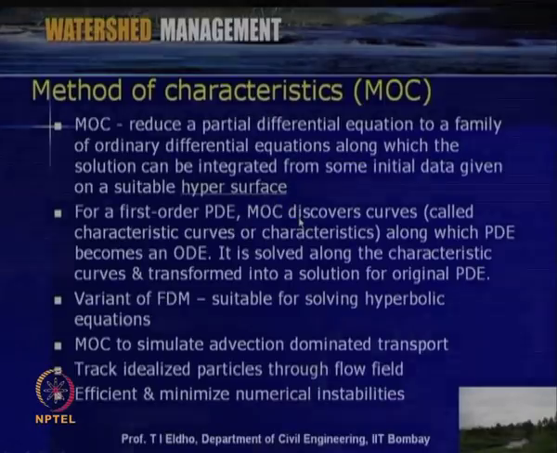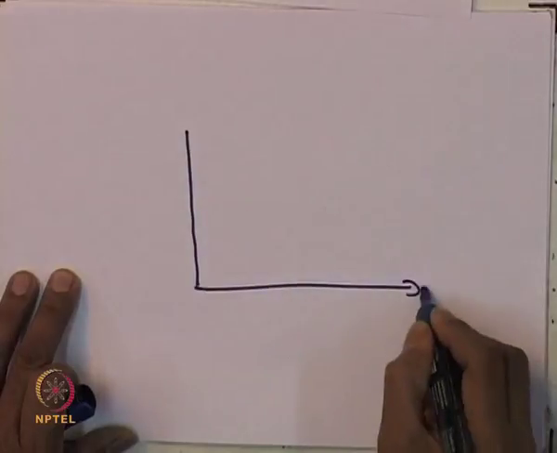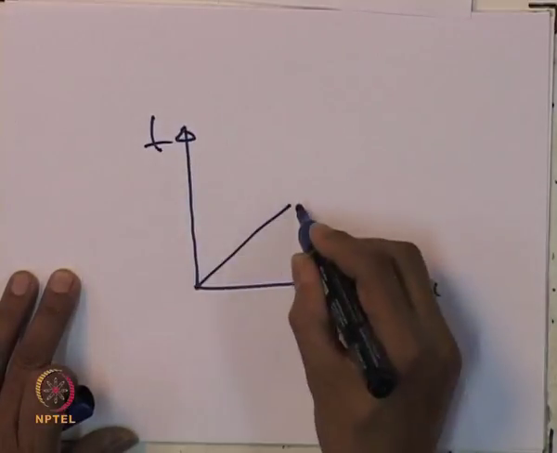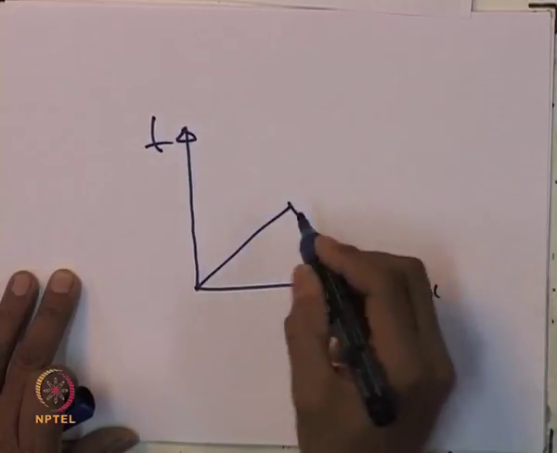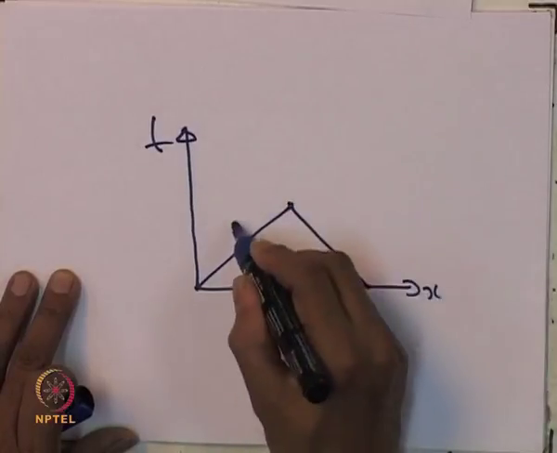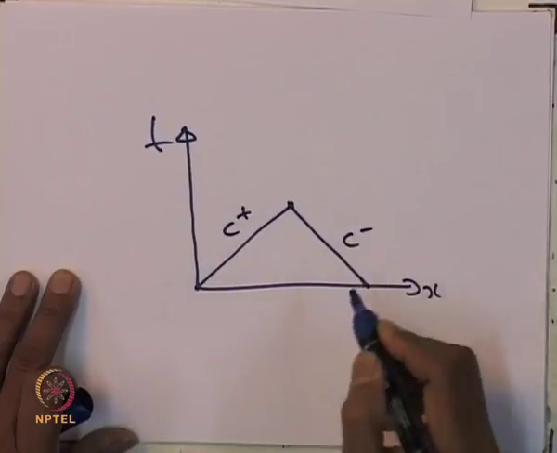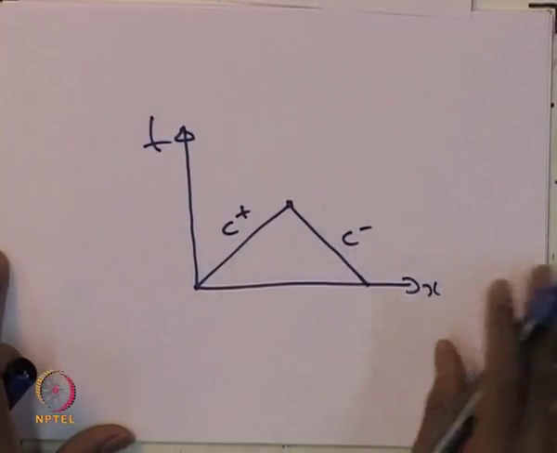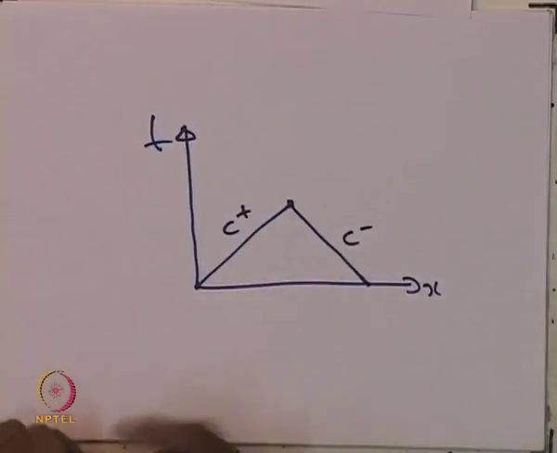For example, this is an x t plane, and we do some transformation. Then we will have C plus or C minus characteristic lines or characteristic curves, and with respect to that the approximation will be done.